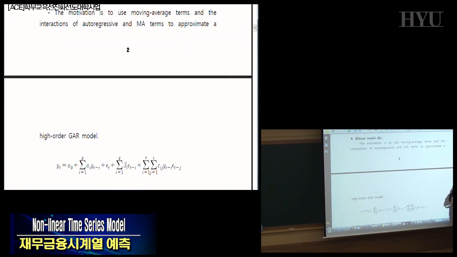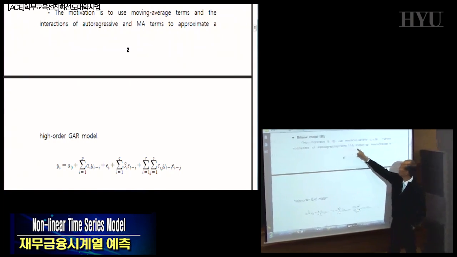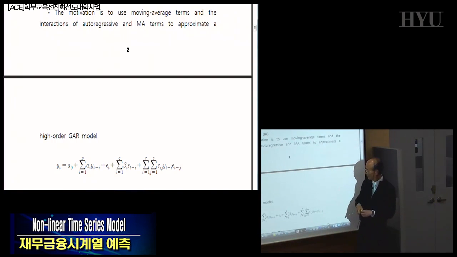It's a typo. So the motivation of the bilinear model is to use moving average terms, the lagged values of epsilon basically, and the interaction of autoregressive and moving average terms to approximate a high order GAR model.